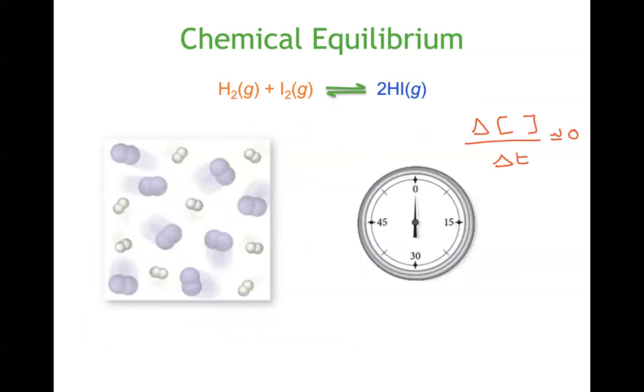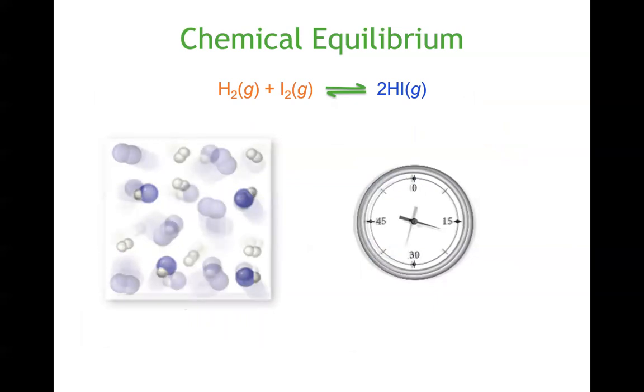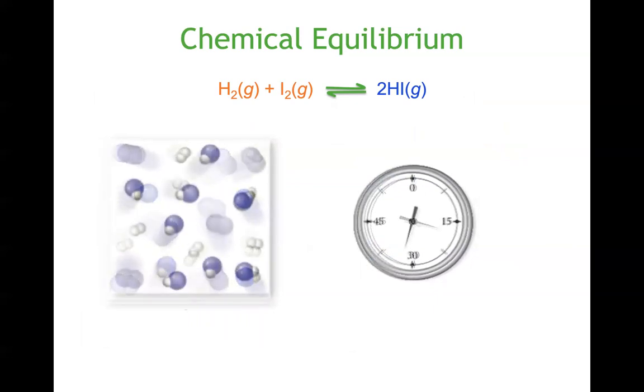All right. So if you take a look at it, initially here at time 0, all we have is the reactant, right? And hydrogen gas is shown as the white, right here, the diatomic molecule. So over time, from 0 to about 20 seconds, the reactants will begin to be converted into product.